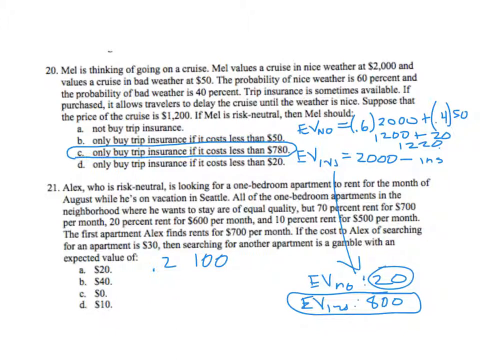It's actually per month, so that and a 10% plus 0.1 times 500 per month. We've got 20 plus 50.